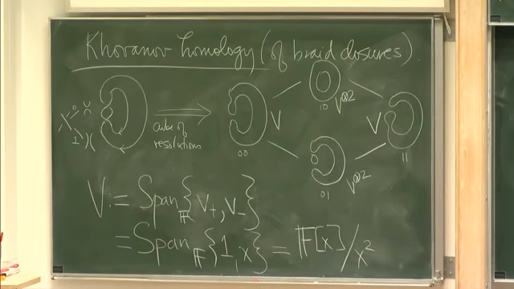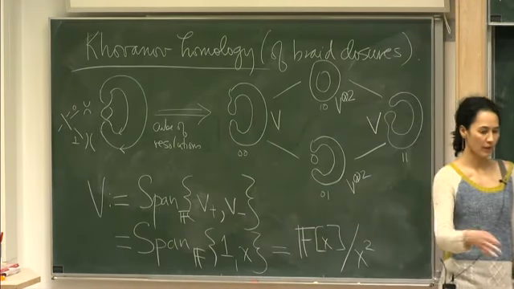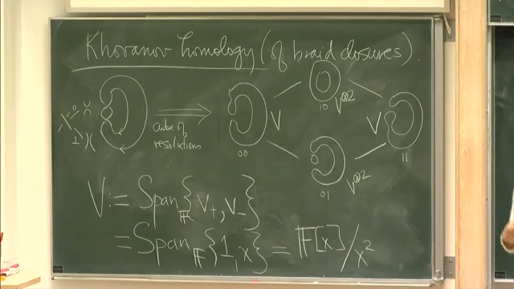Okay. And the other thing that I want to point out is that, whenever you have a distinguished basis for a vector space, you inherit a distinguished standard basis for any tensor power of that vector space.